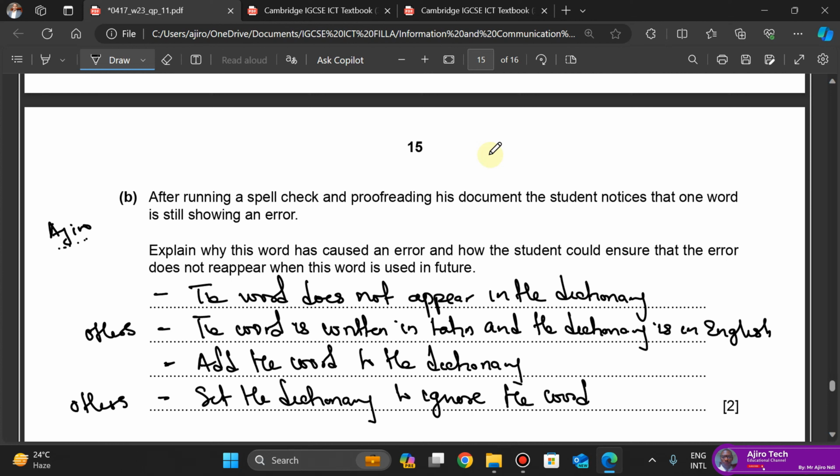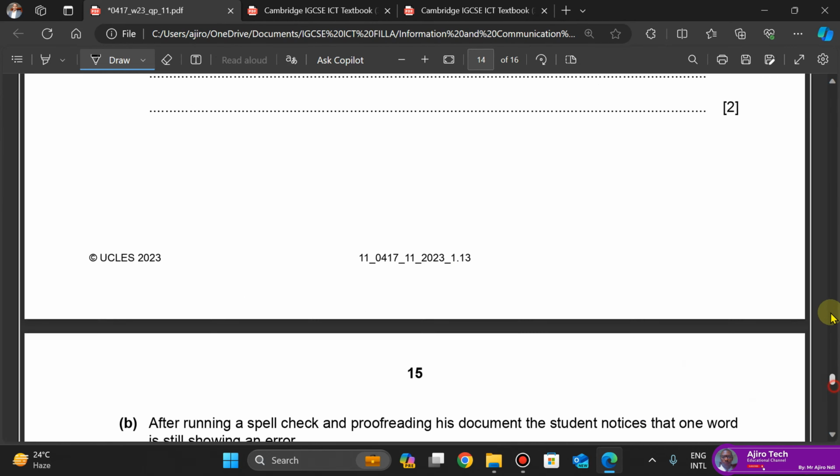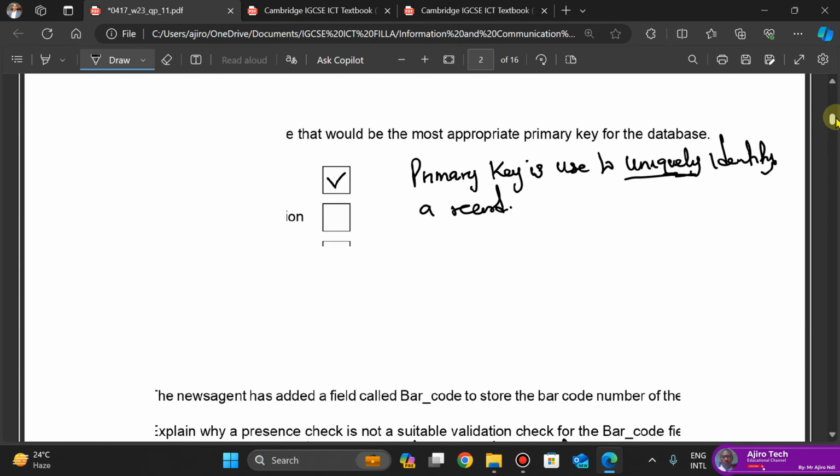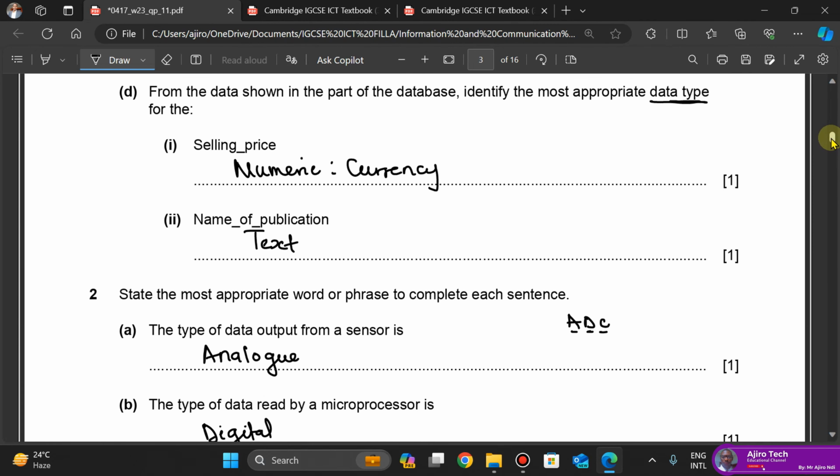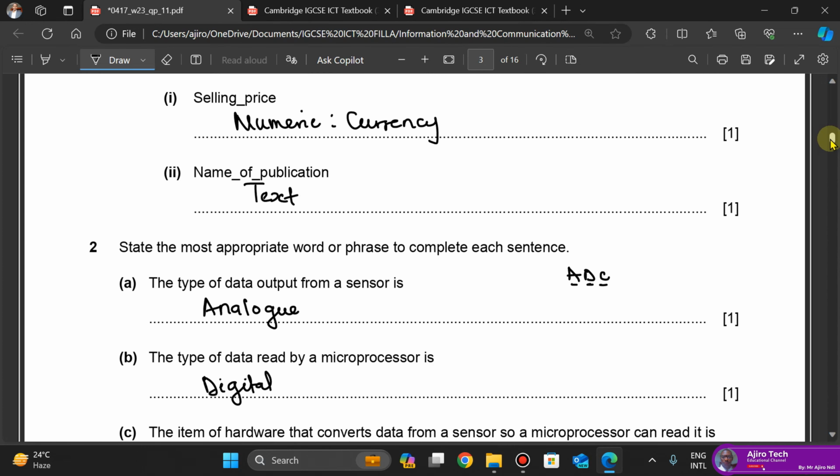Thank you very much. This is also after a spell check and notice an error. This is also for proofing. This is also for chapter 15. You see this in chapter 15. This is chapter 15, proofing. So just in case, okay, chapter 15. I think I've explained every question and every chapter where they are being found. Okay, so this is chapter 1.